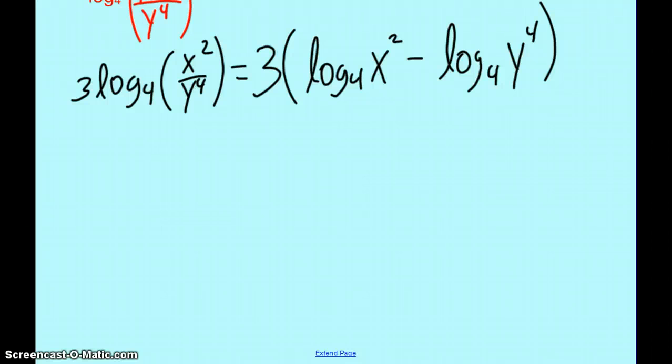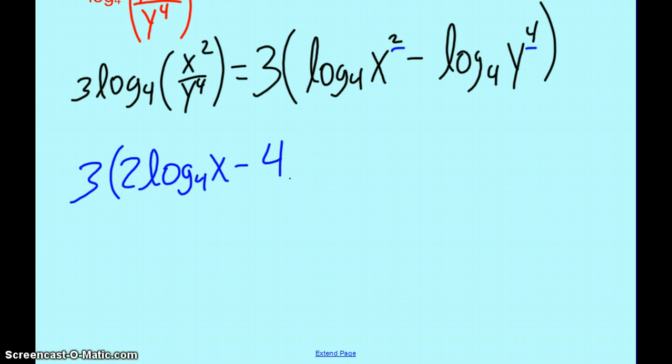And again, same as the previous problem, these exponents can be expanded more. That 2 can come in front of the log base 4 of x. The 4 comes in front of the log base 4 of y.